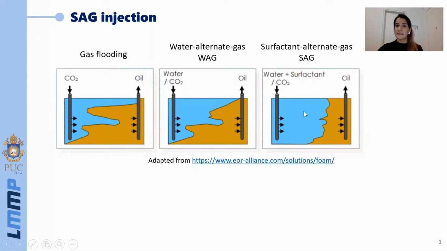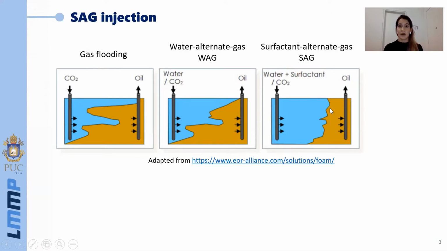In the third case, the surfactant alternating gas case, first we inject a slug of surfactant solution, then we inject gas. In this case, we have foam formed inside the reservoir. And foams are better injection fluids than the aqueous solutions because they are less sensitive to gravity and permeability heterogeneity. So we have a more uniform sweep front here.